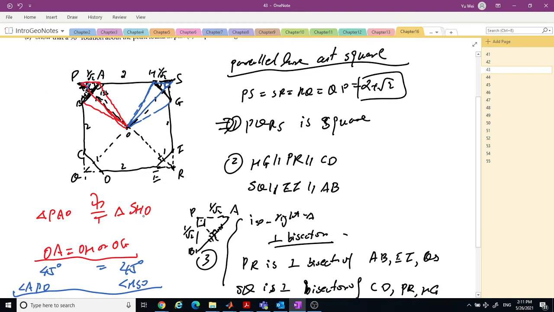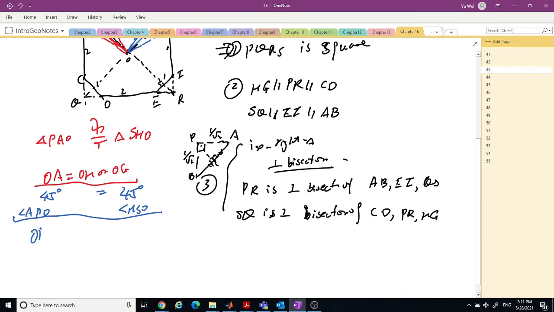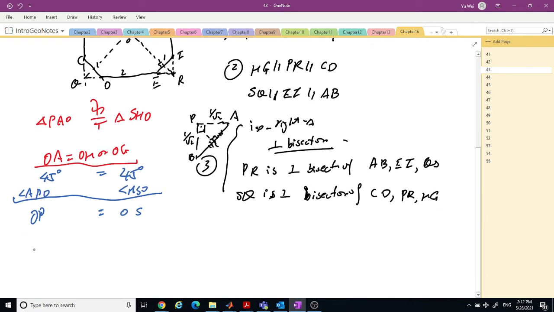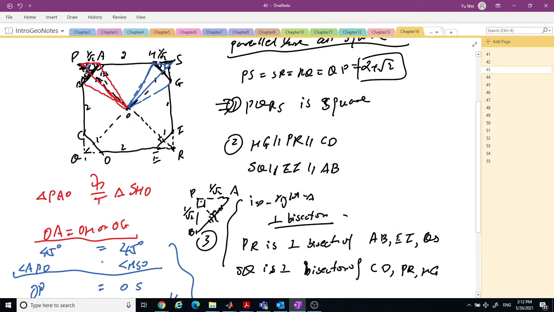The third one is AP equals HS. Now they are congruent, right? So they are congruent means OA equals OH.